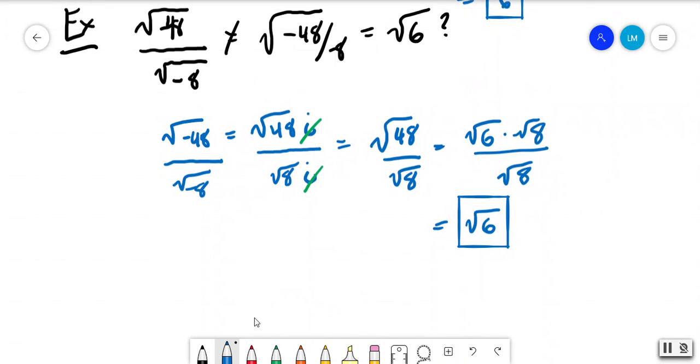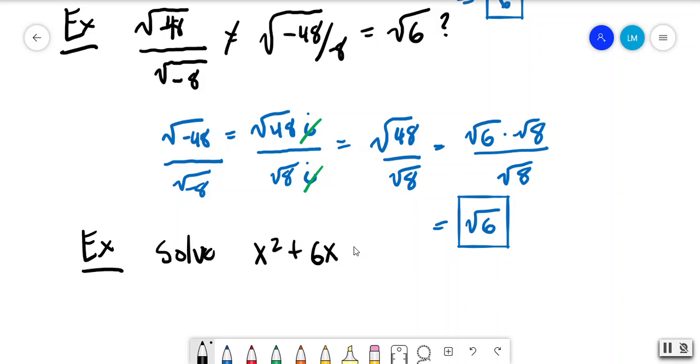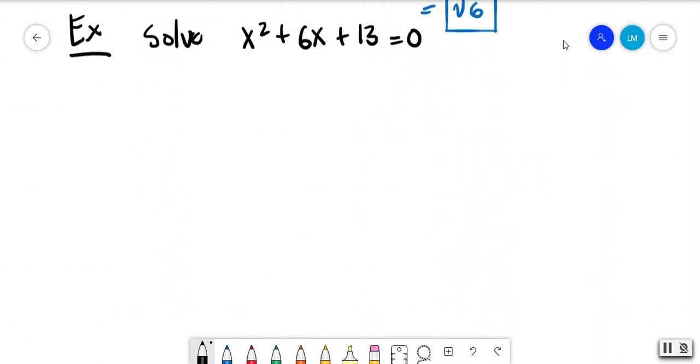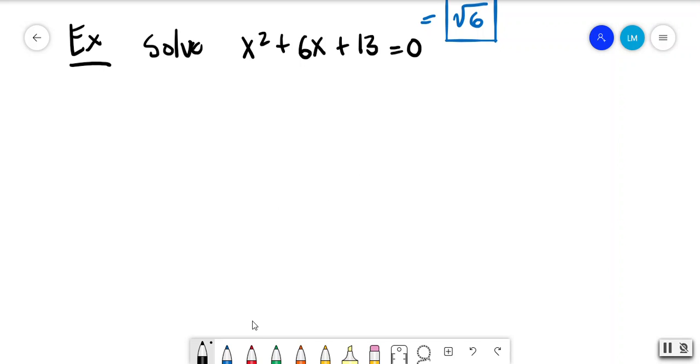Now, when we work with complex numbers, for example, if you want to solve x squared plus 6x plus 13 equals 0, in this case we can solve this by using the quadratic formula.